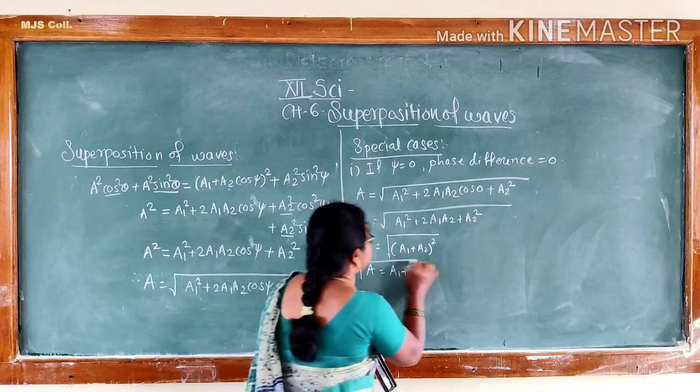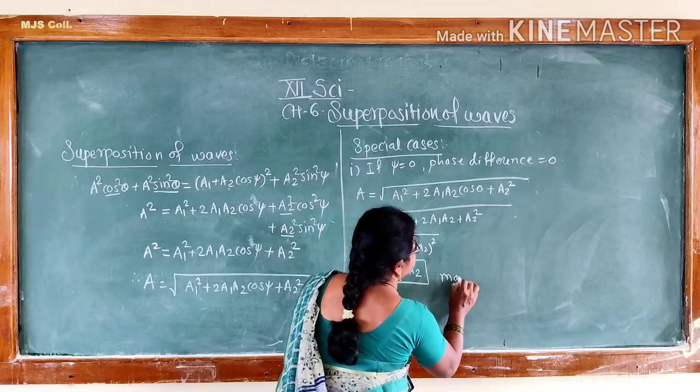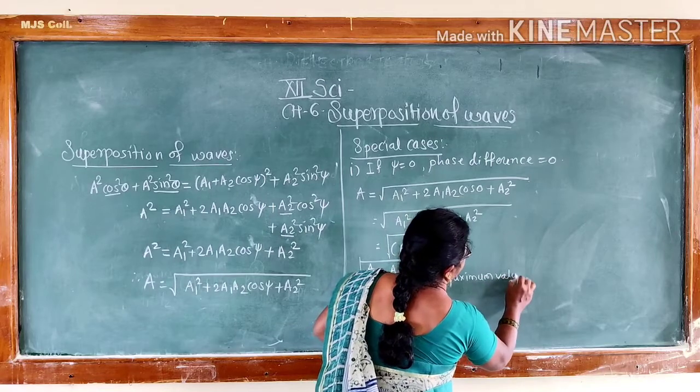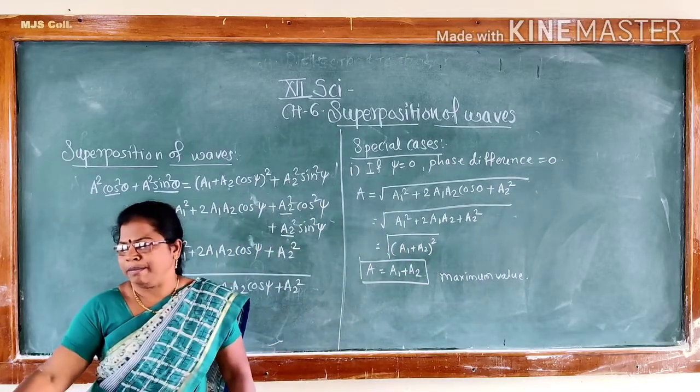This is the value of the resultant amplitude and this is the maximum value. When phase difference is equal to 0, then amplitude is maximum.